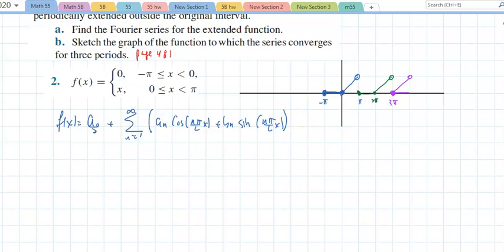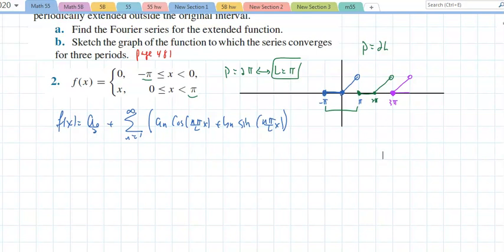Well, in this case, if I really get L out of the way, the period for this is from negative pi to pi, that's 2 pi, which means L is half of that, since I'm going to run from negative L to positive L. So always remember that the period is actually twice L.